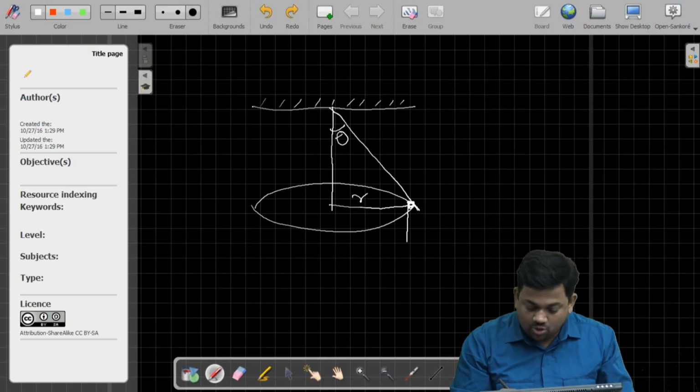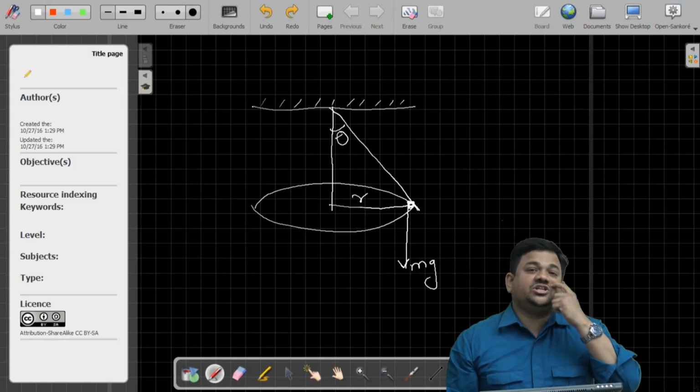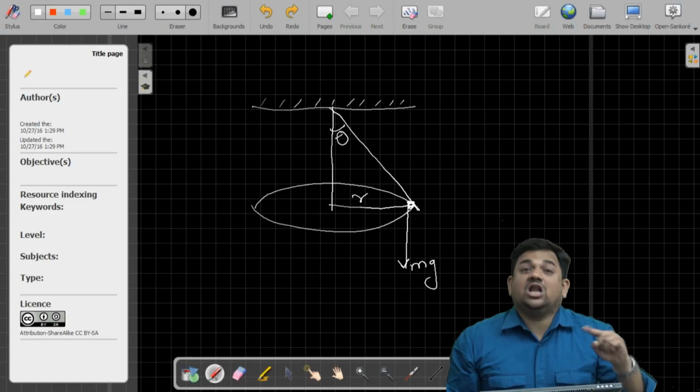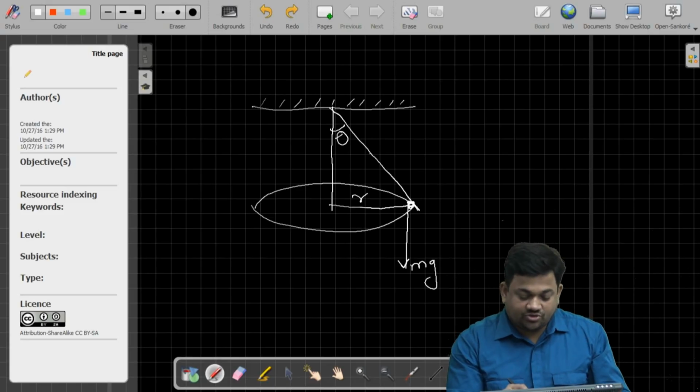What is its direction? Vertically downwards. Now the tension in the string will be along the string and always away from the body. So tension in the string would come in this particular format. I'll call this F, isn't it?